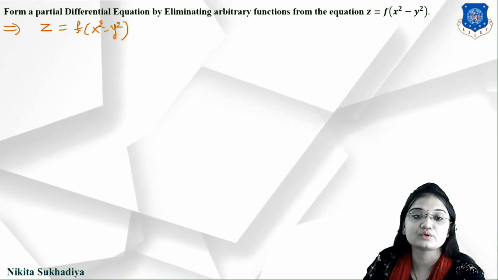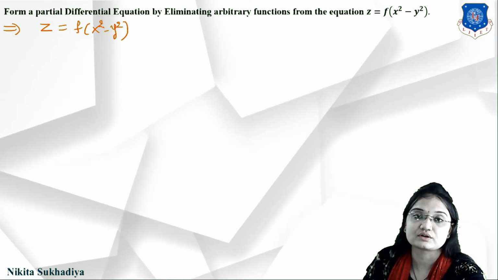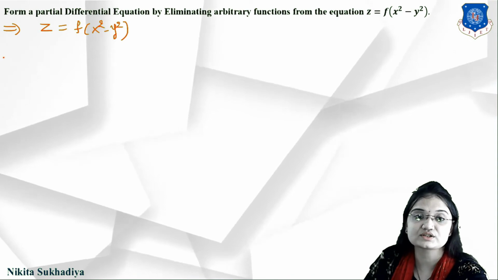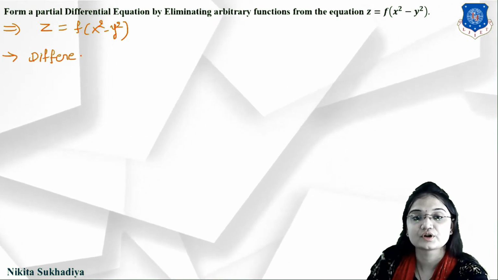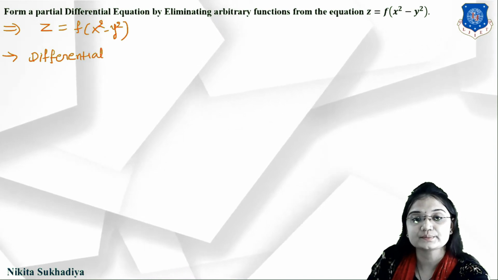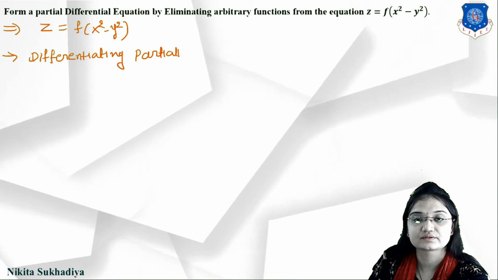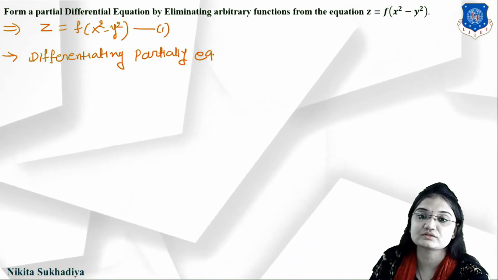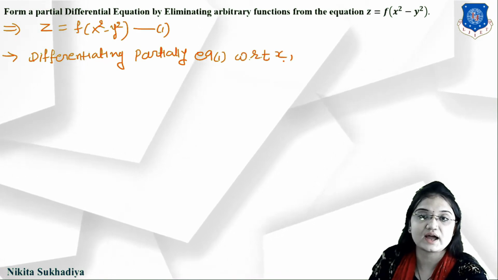So here we have to eliminate this function from this equation to form the partial differential equation. Okay, so first of all, differentiating partially equation number 1 with respect to x.